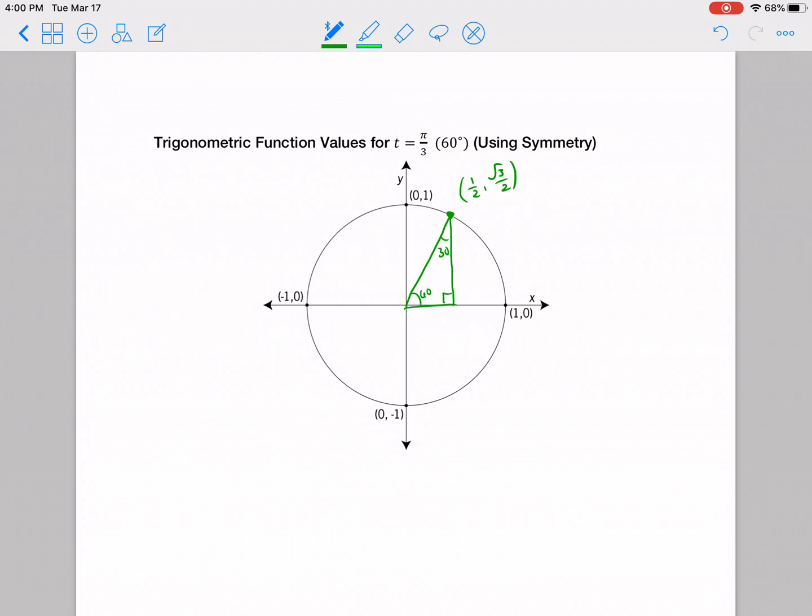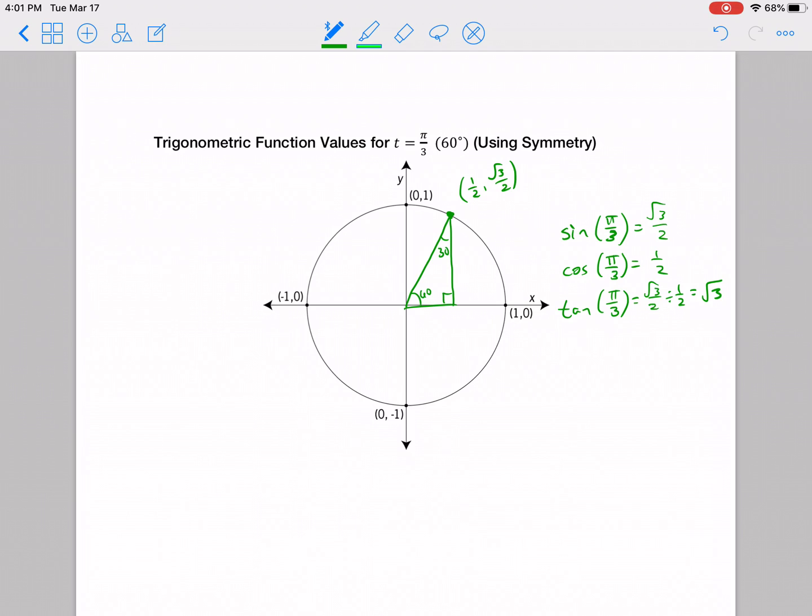So it's going to flip it around for us, which means our sine at pi over 3, which is 60 degrees, is going to be square root of 3 over 2. Our cosine of pi over 3 is going to be 1/2. And our tangent of pi over 3 is going to be square root of 3 over 2 divided by 1/2, which will ultimately end up being square root of 3.